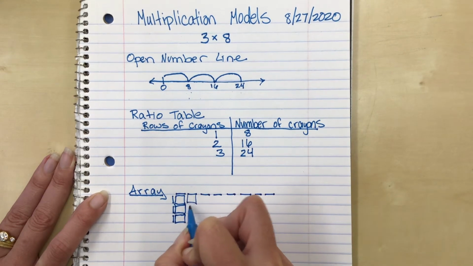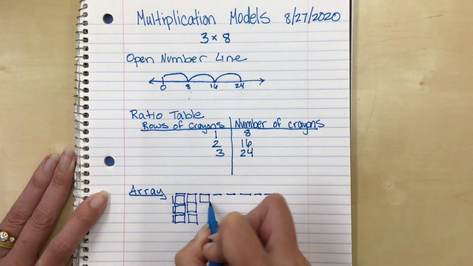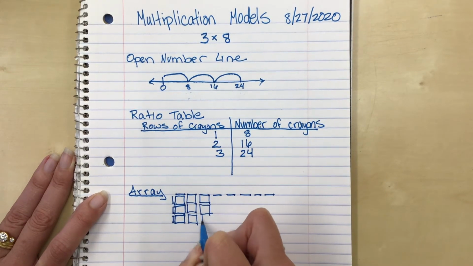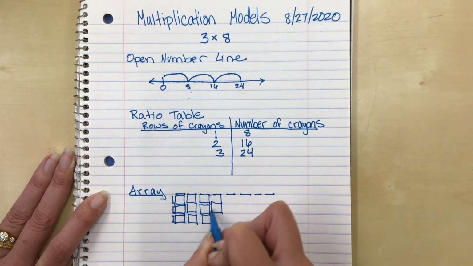And these would be like little tiles in there. If this was a tile array, if you were in the classroom, we could build this out using little square tiles.